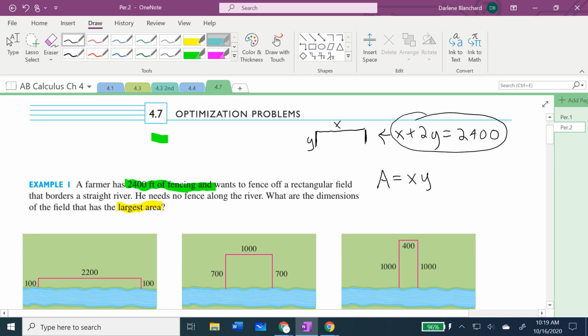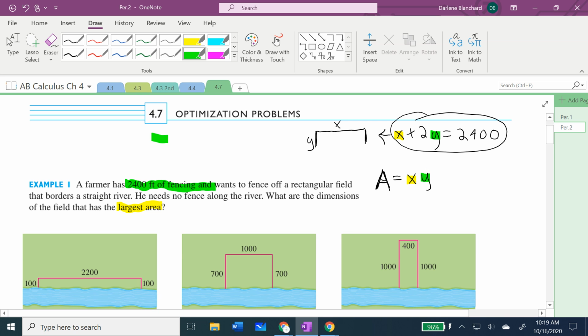This gives a relationship between the two dimensions, but the problem asks you to optimize area, so your focus is the area formula. You use this other formula to get the area in terms of one variable. Your options are either to isolate X and plug it into this X, or isolate Y and plug it into this Y.